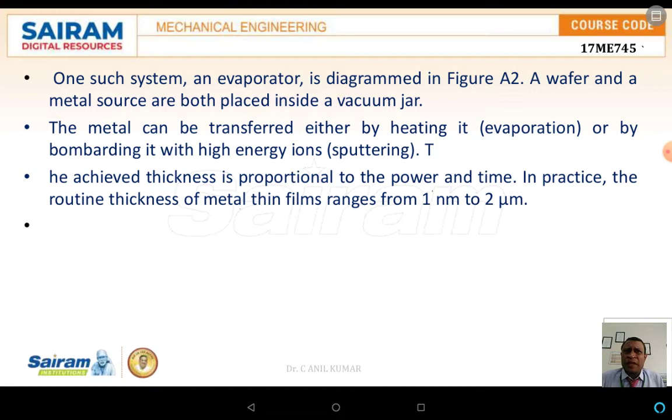The metal can be transferred either by heating, which is called the evaporation method, or by bombarding with high energy ions, which is called sputtering. The achieved thickness is proportional to the power and the time, which in practice is routine. The thickness of the metal thin film ranges from 1 nanometer to 2 micrometers.